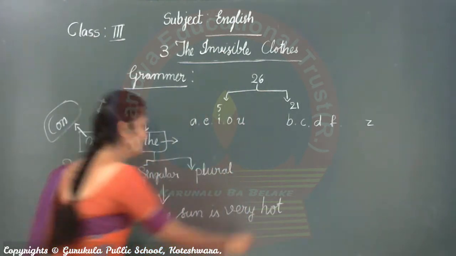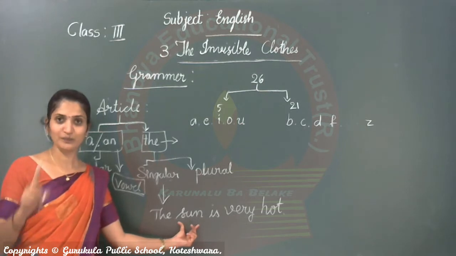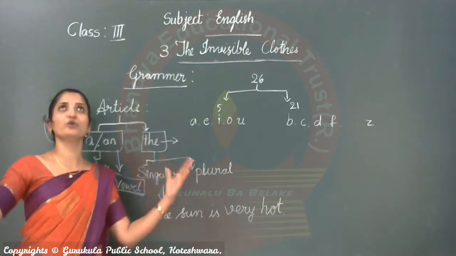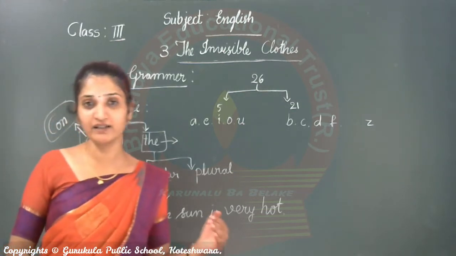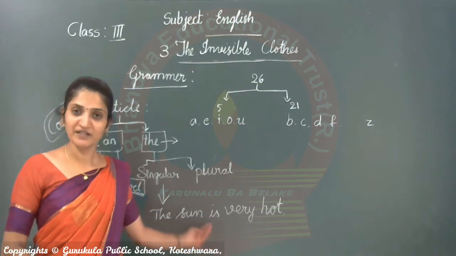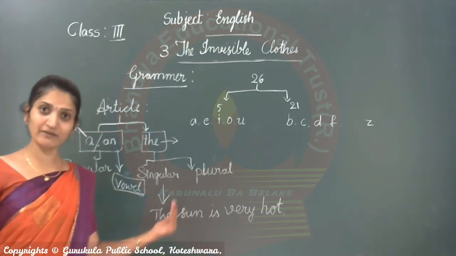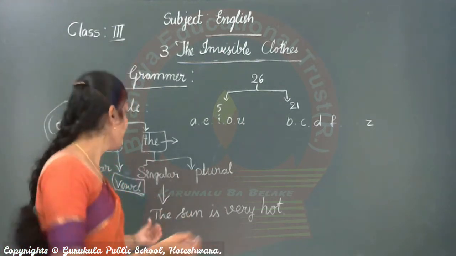This is one sentence. See, this is unique. Unique means only one. We can't see any more. Many stars are there in the sky, but can we see more than one sun in the sky? No, only one sun is there, so that is unique.